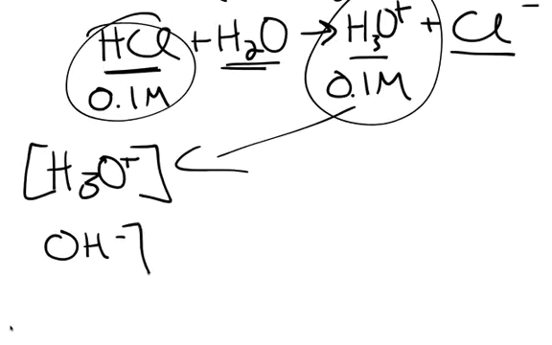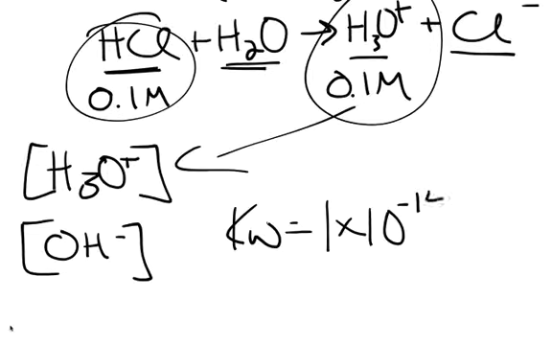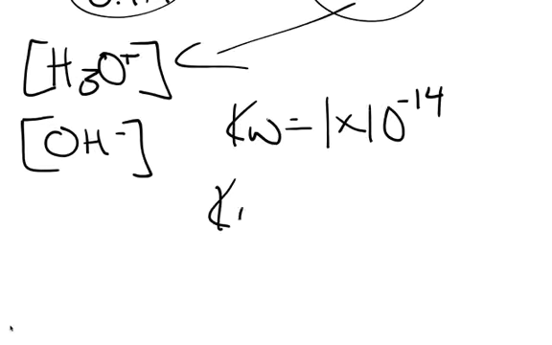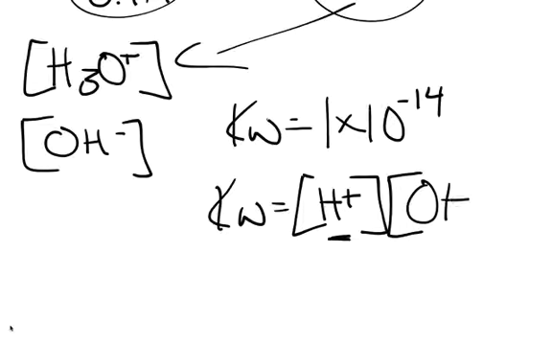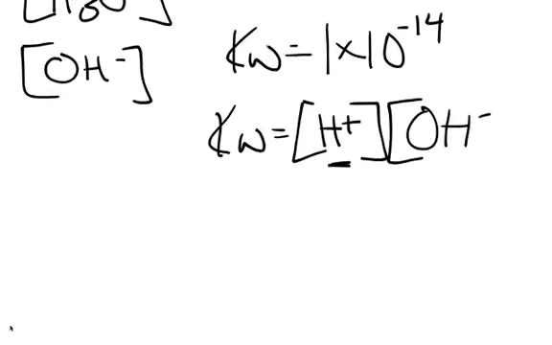Okay? Well, what about the hydroxide ion concentration? Well, again, what we know is the Kw is equal to 1 times 10 to the negative 14th, and the Kw is the product of the hydronium, or I'm just going to write hydrogen ions from now on. Hopefully that's okay. Again, it means the same thing. It's the hydrogen ion concentration.